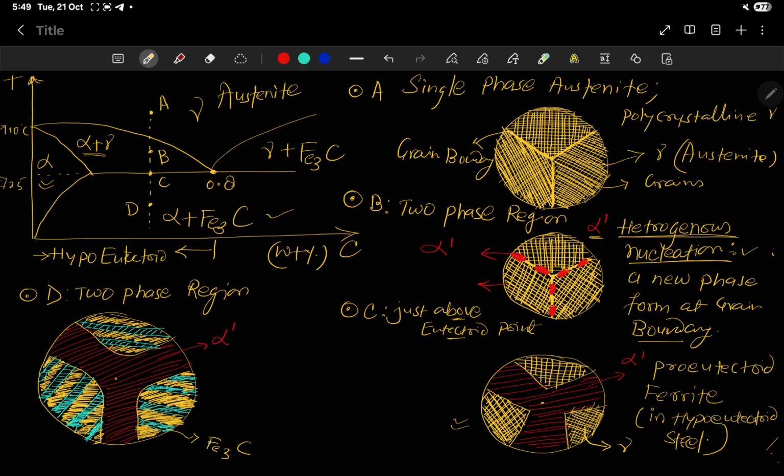So this will be Fe3C, and this yellow color region will be alpha.